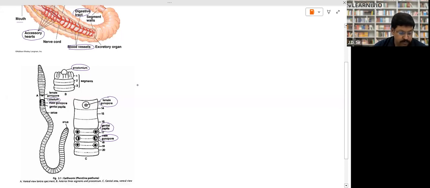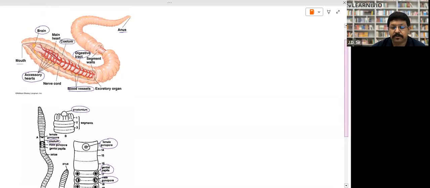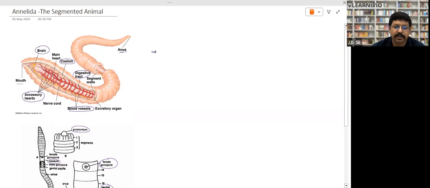Let me tell you, the annelids are basically found in moist environments. So they are found in fresh water, moist soil, and marine water.